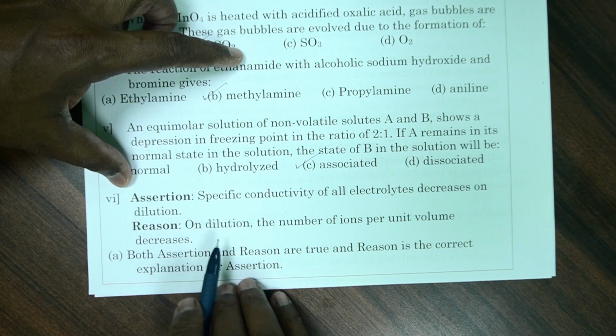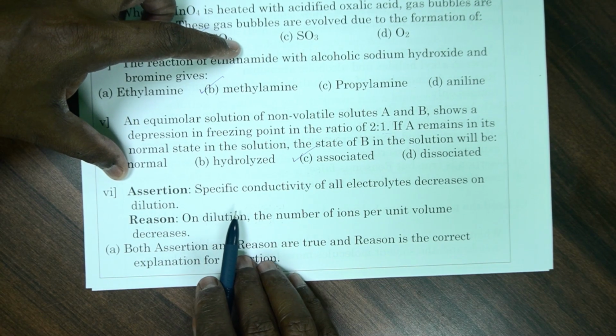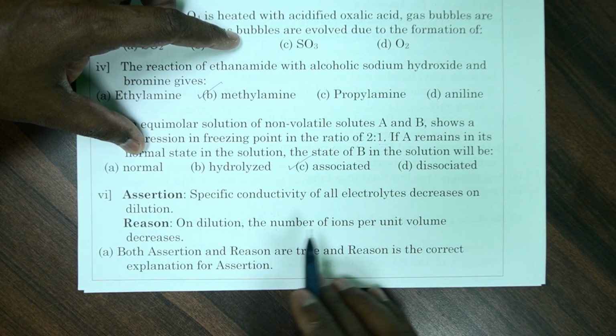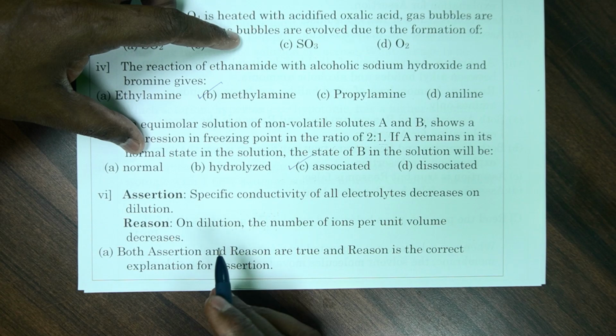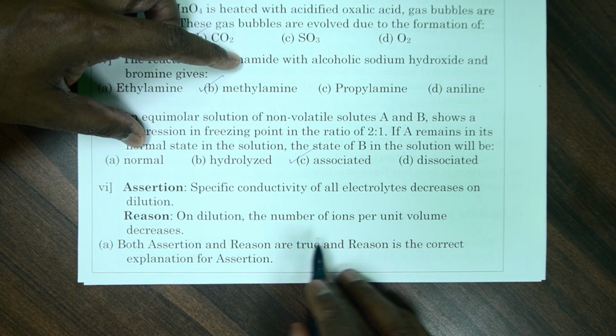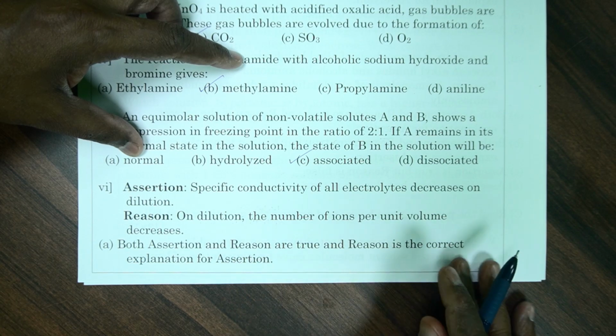Question 6. Here we have an assertion and reason question. Assertion: specific conductivity of all electrolytes decreases on dilution, and the reason: on dilution the number of ions per unit volume decreases. So the assertion and reason are given, and there are various options.